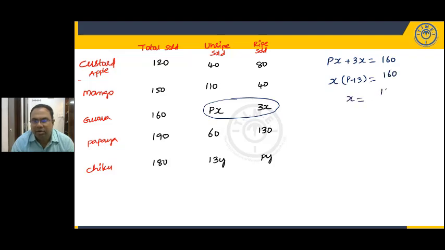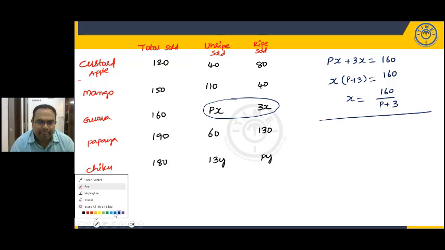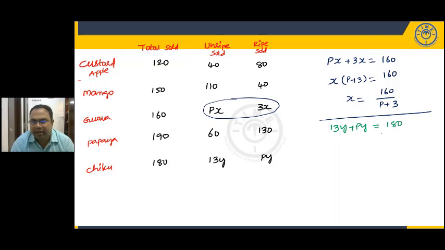X is equal to 160 by p plus 3. Then look at this 13y plus py. If I add these two, unripe sold and ripe sold, it must be equal to total sold 180. Again take y common: 13 plus p, so y is equal to 180 by P plus 13. Right?